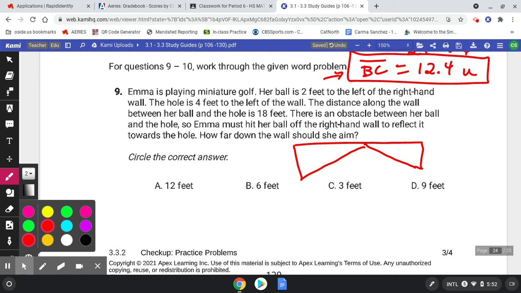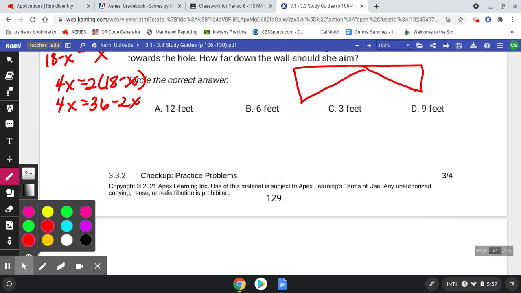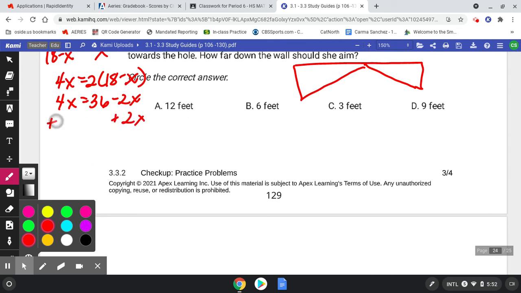So try to sketch a diagram whenever you're reading that and put that into your problem. So we're going to say 4 is to 18 minus x, and 2 is to x. And then we solve all the way.